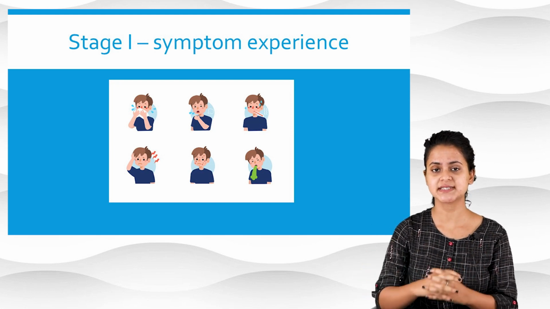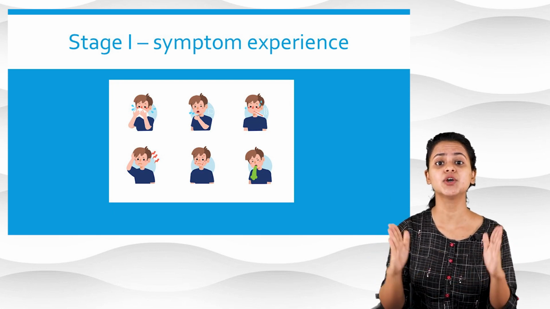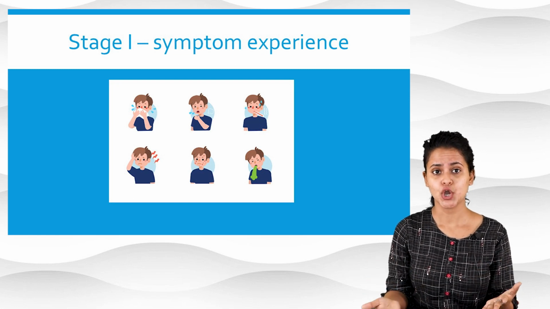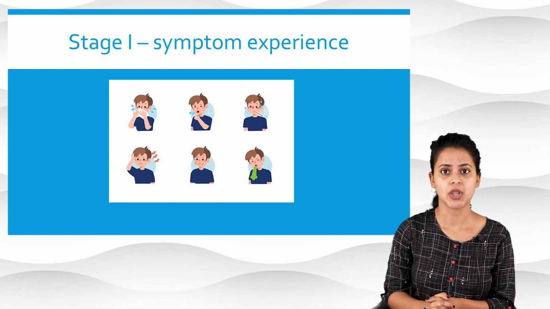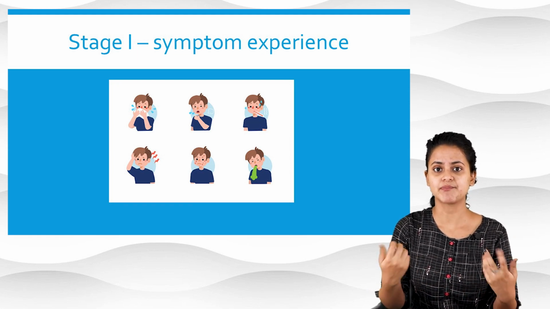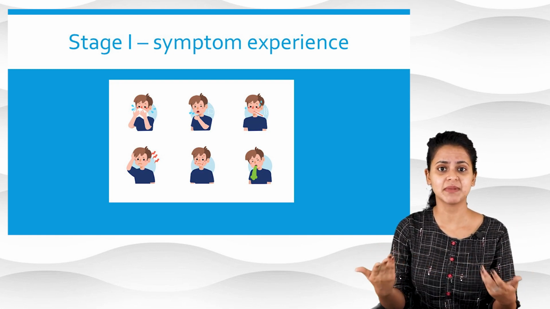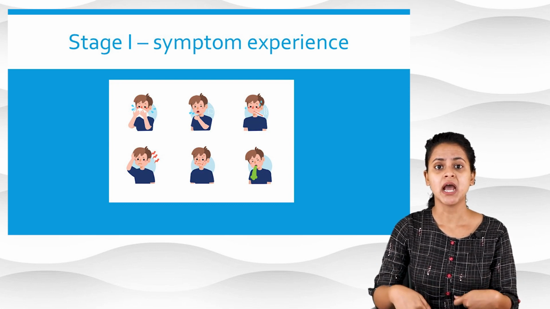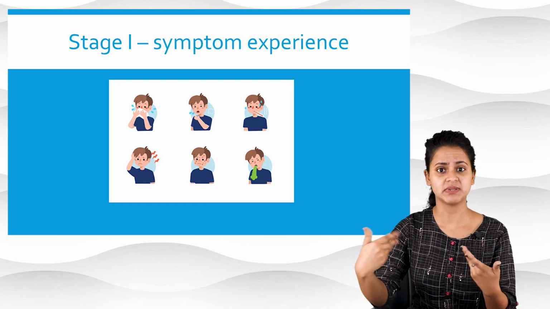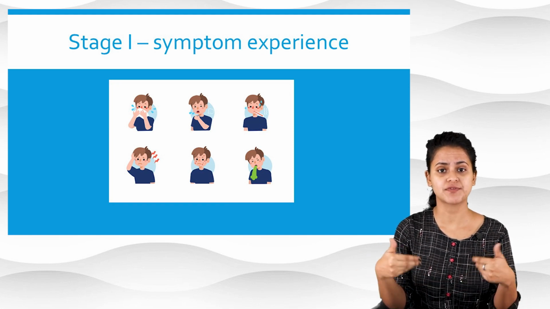Whereas at the end of this stage of symptoms experience, a client will be able to identify clearly what changes have taken place. For example, a client may present with pain at a certain location, or may understand that they have developed an abnormal lump in a particular region of their body, or that they have continuously present symptoms, like bleeding, or severe anorexia or loss of appetite.